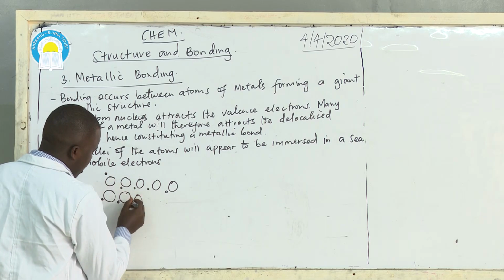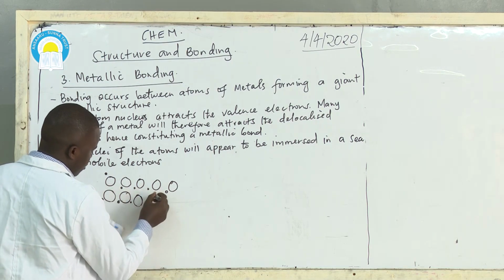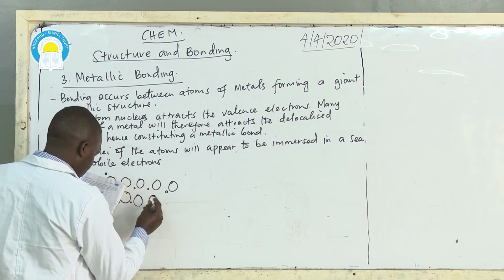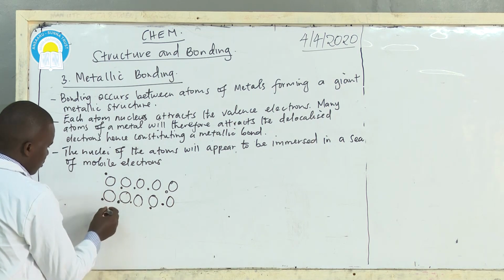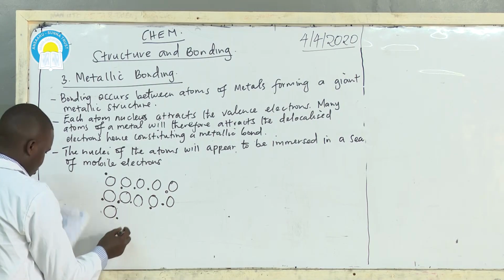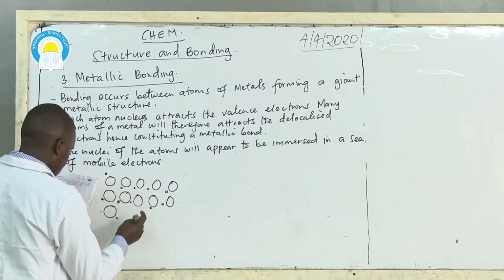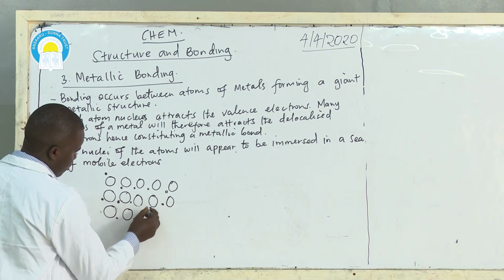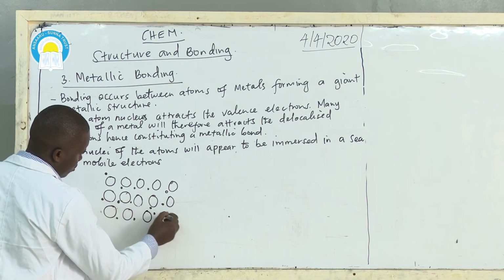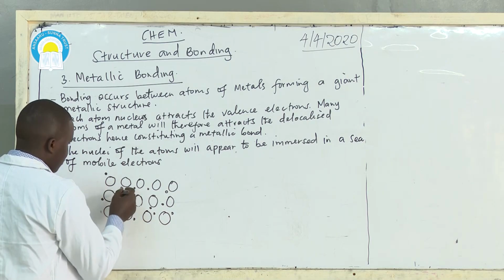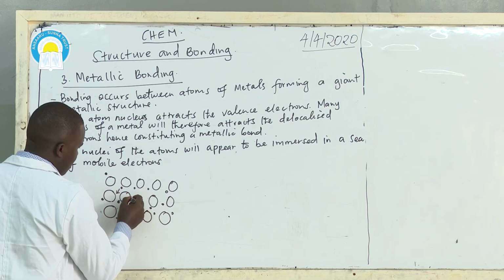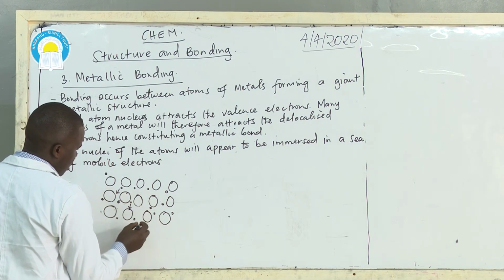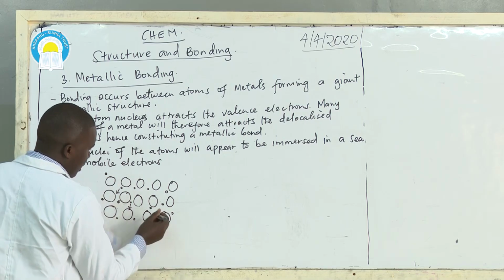So there will be some attraction between these delocalized electrons and the positive nucleus.